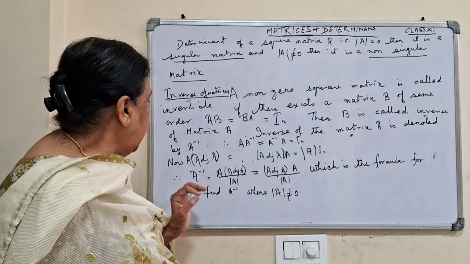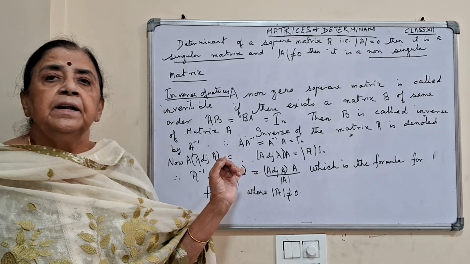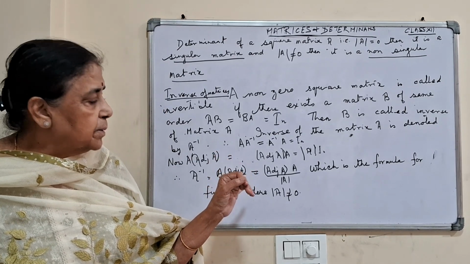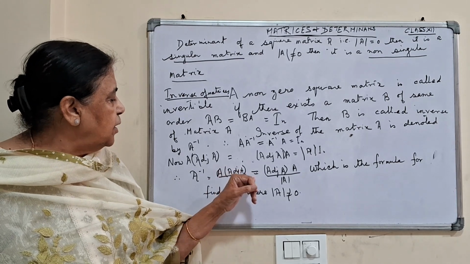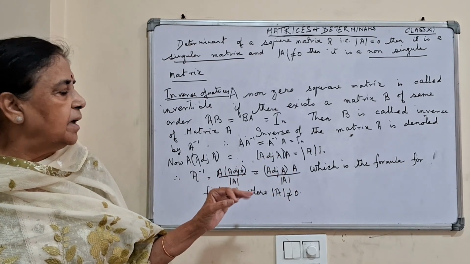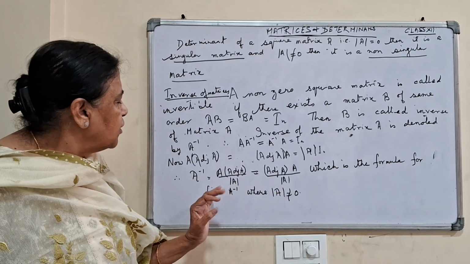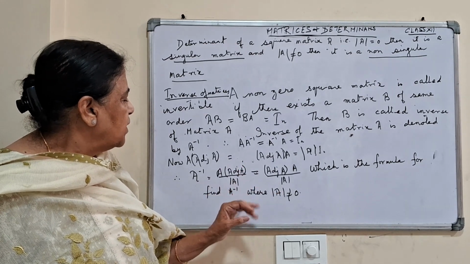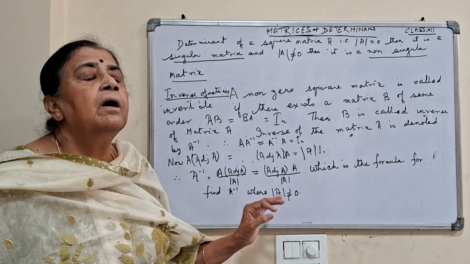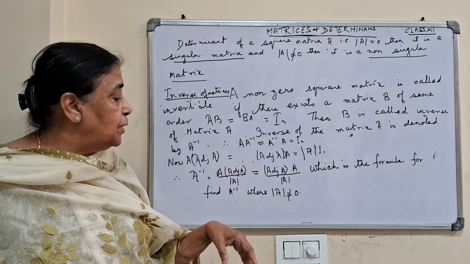Then A inverse will be adjoint A divided by the determinant A, which is the formula for finding A inverse wherever determinant of A is not equal to 0.